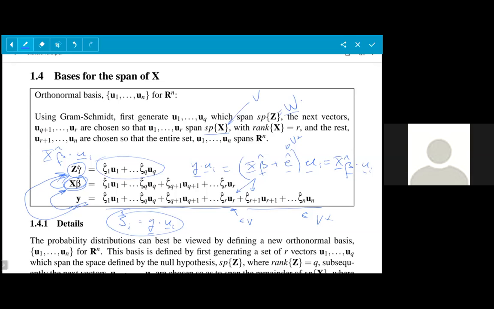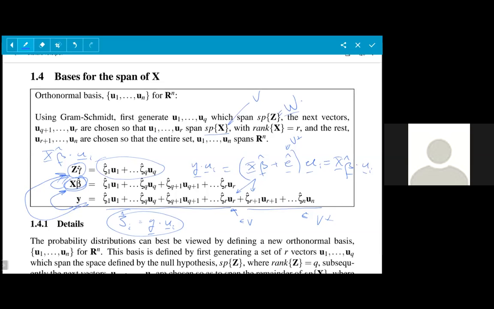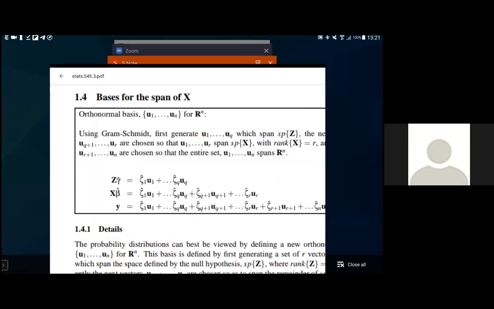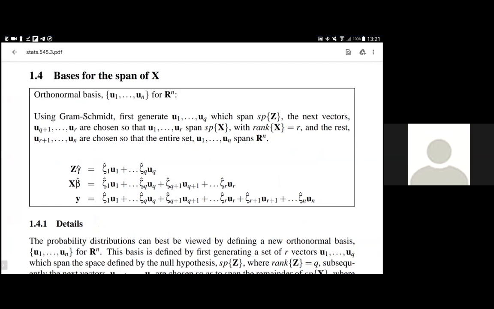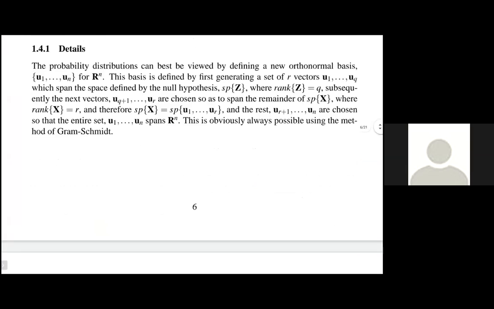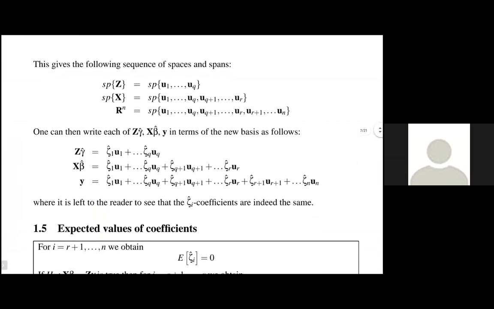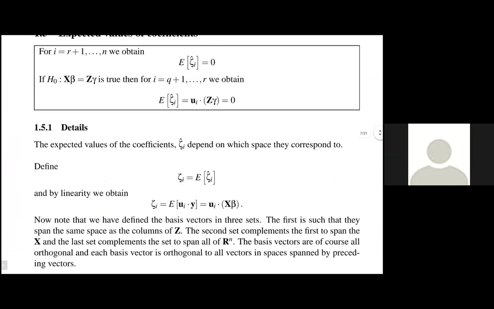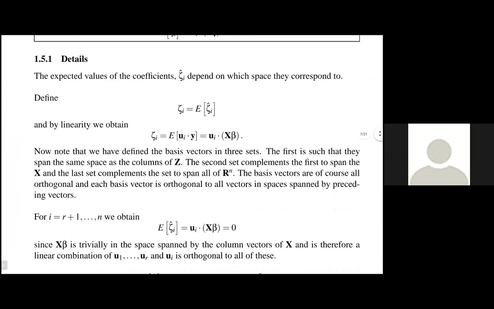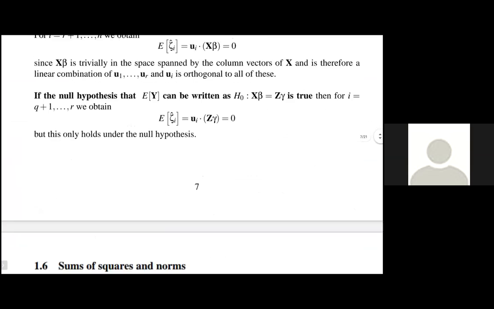We now want to write the zetas, sorry, the Greek zetas, in such a way that we can easily work out their expected values and so forth.